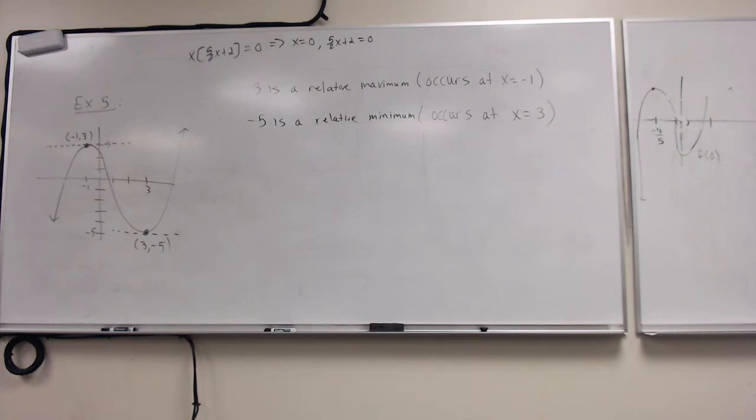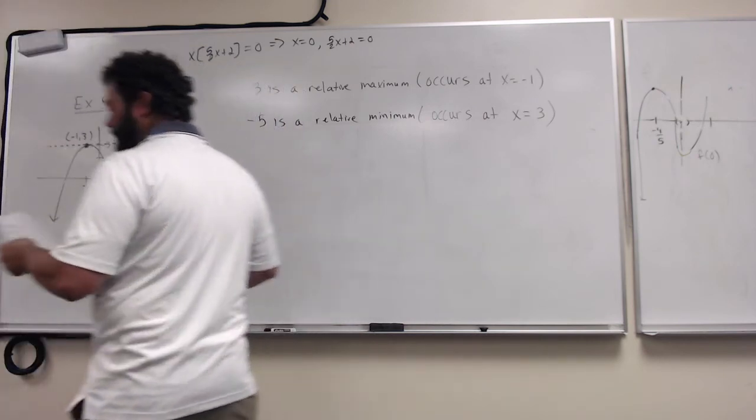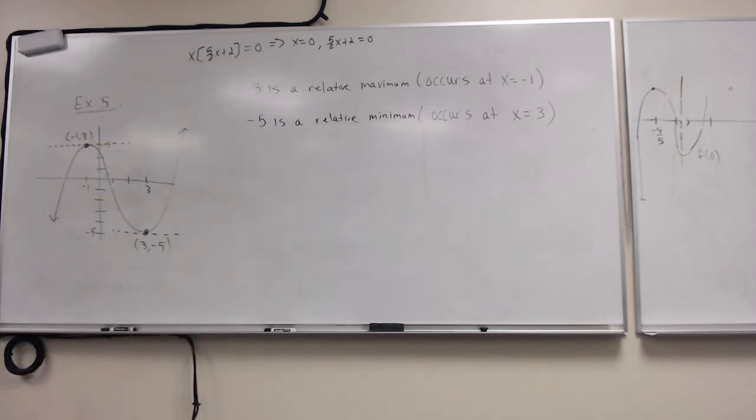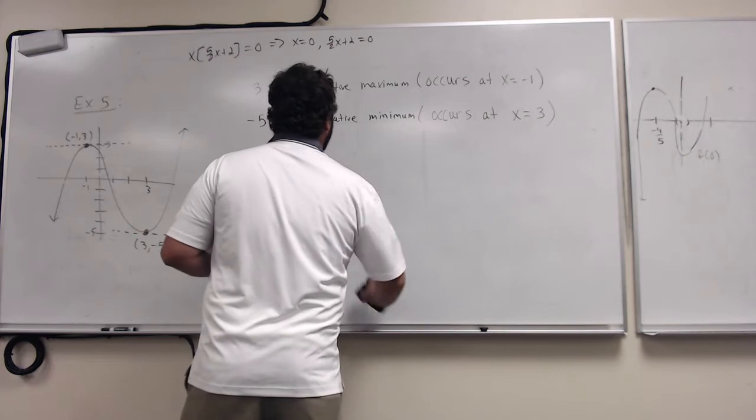And then the next two cases are, sometimes you'll have a critical number where the derivative doesn't change sign as you cross c. So it'll be positive to the left and right of c. So that means that f of c is neither a max or min, and the same would be true if the derivative was always negative as you pass through c. Okay, so let's kind of use that idea here. This is again called the first derivative test, and it helps you find local maximums and minimums.